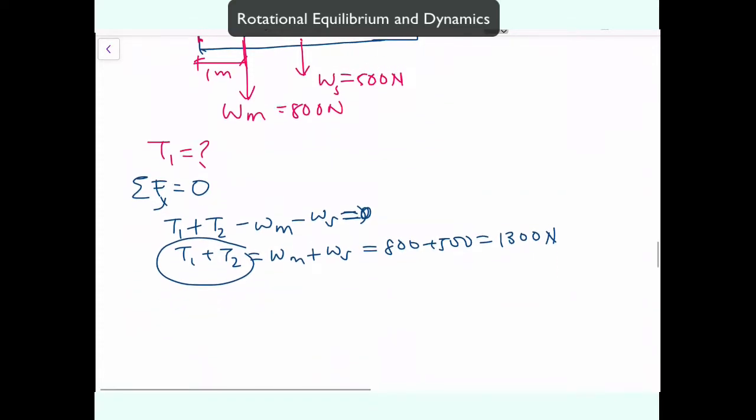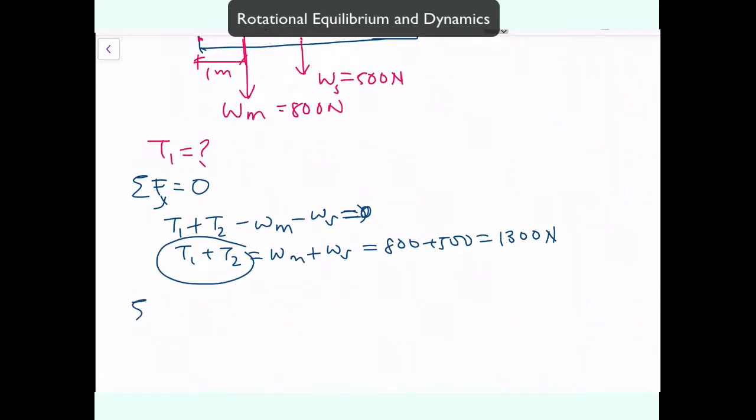The other equation that you have to bring is the sum of all the torques acting on the system equal to 0, because this thing is not falling or rotating or anything unreasonable happening to the scaffold. So you simply use all the torques acting on it. So where do we locate our point of rotation for this problem?